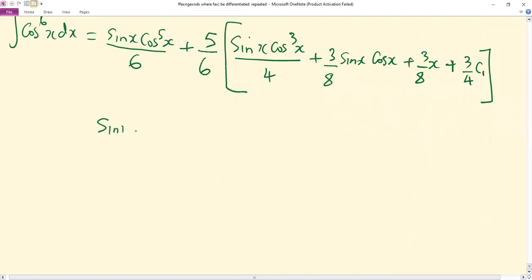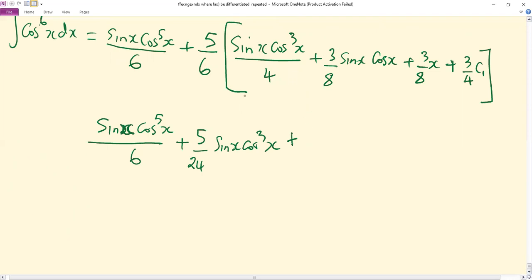So this will give us sine x cos power 5 x over 6 plus 5 over 24 sine x cos cubed x plus 5 over 16 sine x cos x plus 5 over 16 x, and then plus c, where I call c just this value, 5 over 6 times 3 over 4 c1.